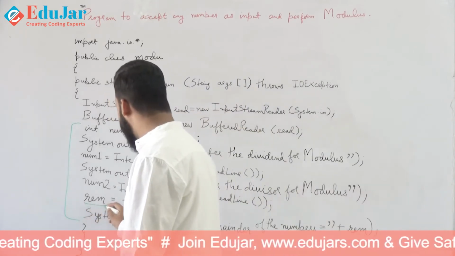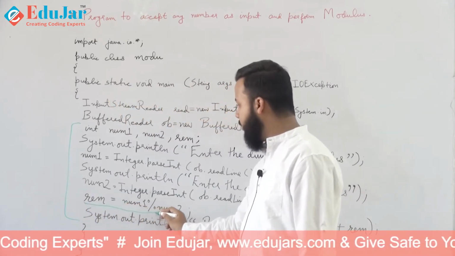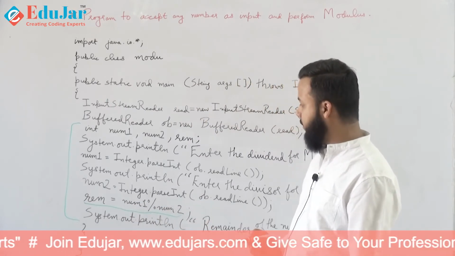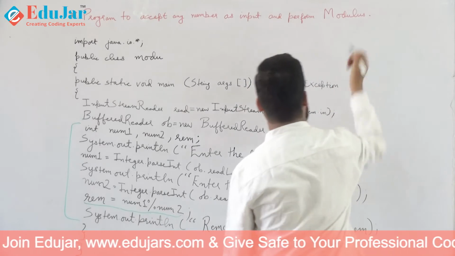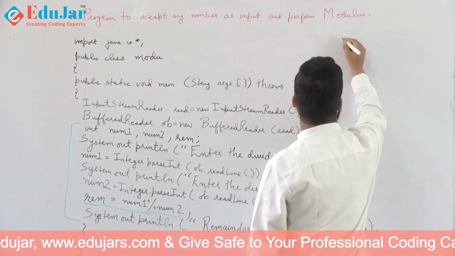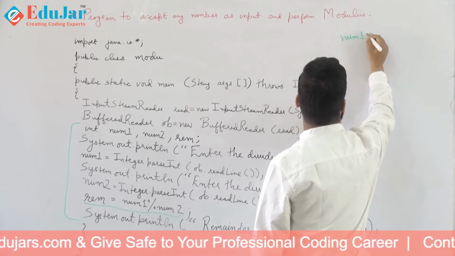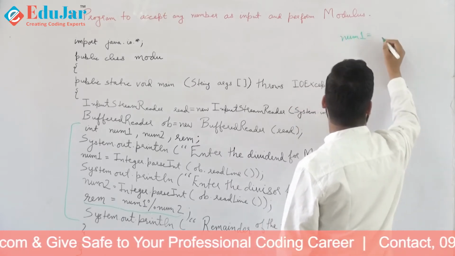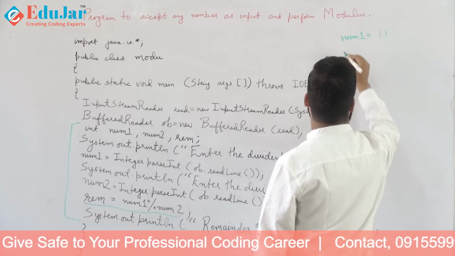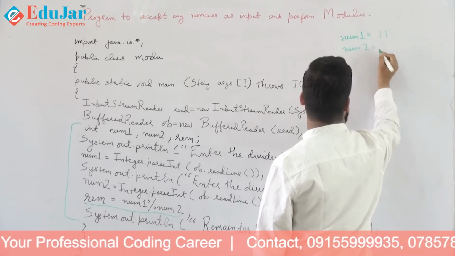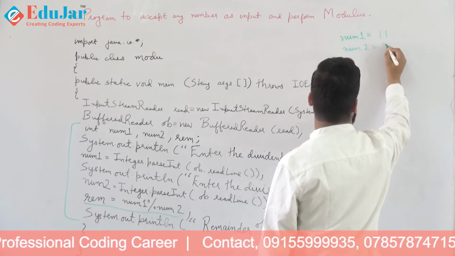We will store the divisor in num2, and here is the operational part. You can see over here rem equals num1 modulus num2. So this is the operation part. Let me explain the same. Suppose in num1 the user has entered 11, and in num2 the user has entered 2.